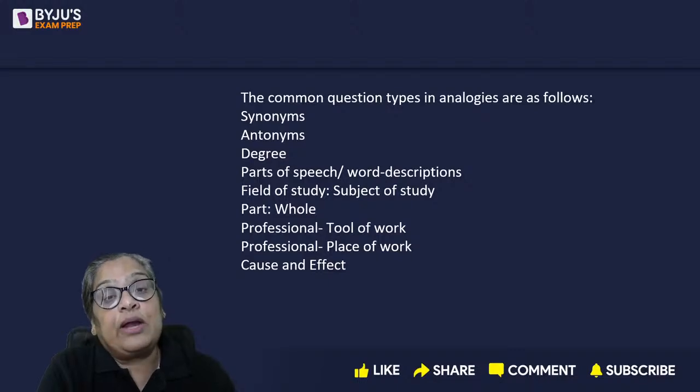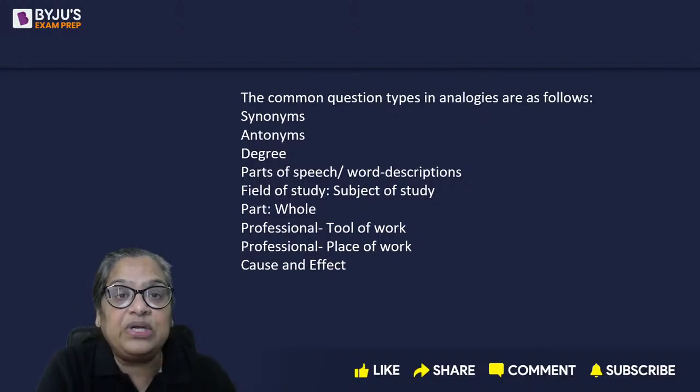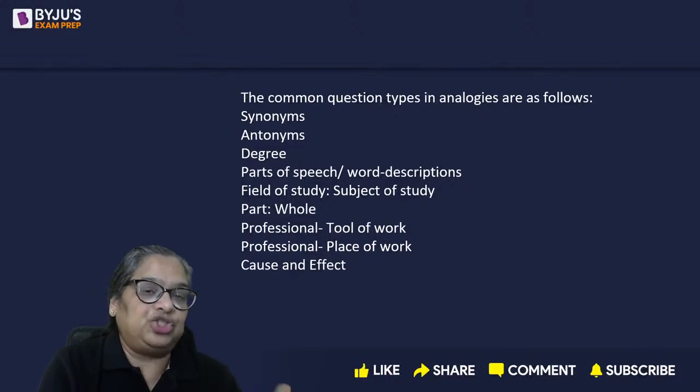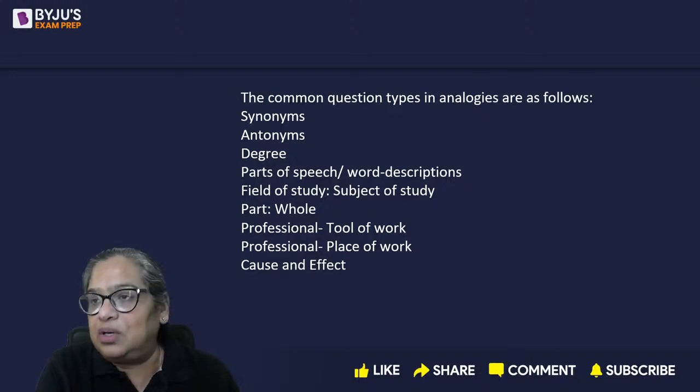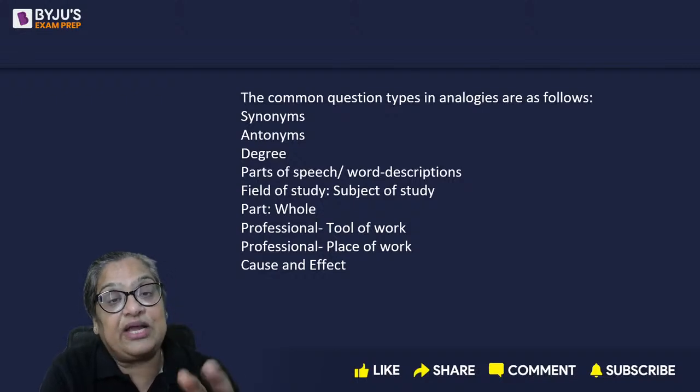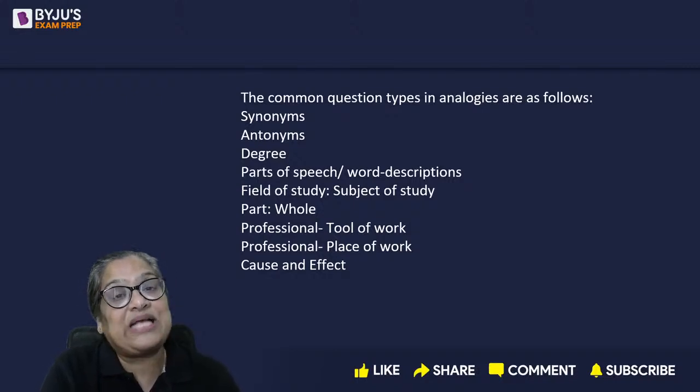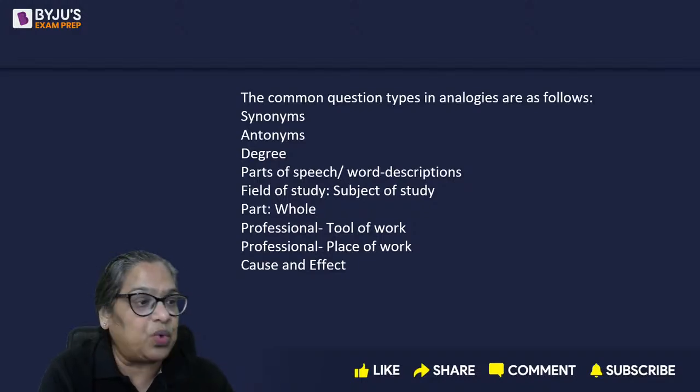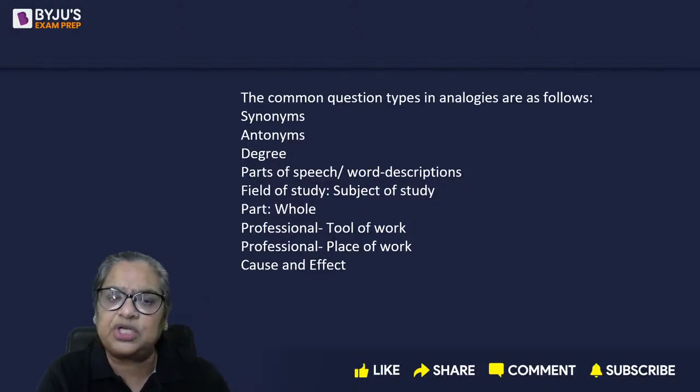Or they could be parts of speech, noun is to adjective, or word descriptions, like joyful is to celebration, or field of study and subject of study. They are called ologies. So what is anthropology? Study of this. What is geology? Study of this. What is geography? Study of this.